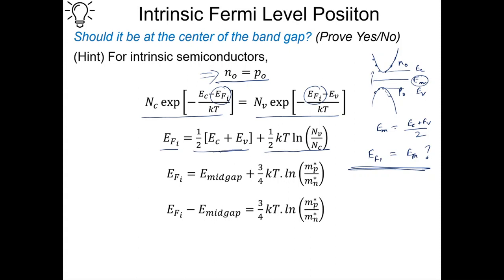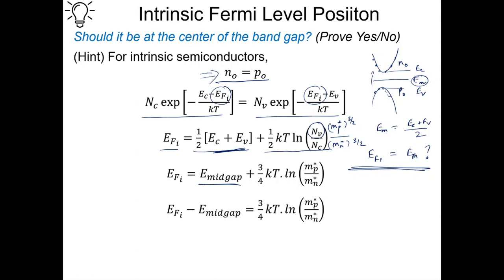EC plus EV by 2 is the mid gap point, as we see here. And if you simplify this further, you remember that everything else in NV and NC was common, except NV was a function of the effective mass of holes to the power 3 by 2, and NC was a function of the effective mass of electrons to the power 3 by 2.